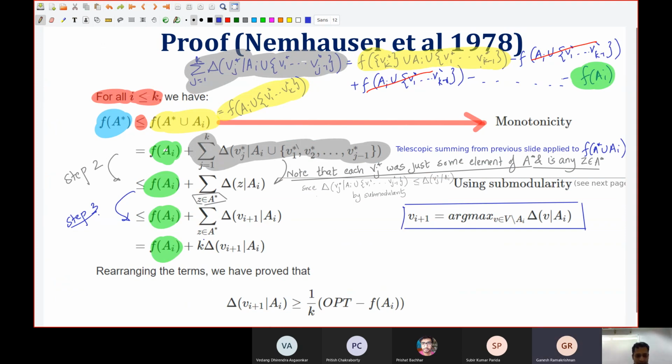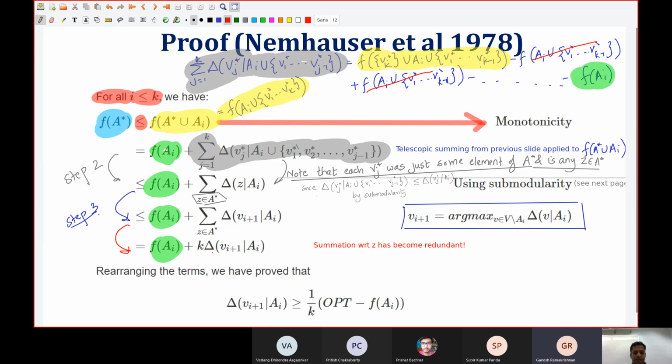Now you add this for all the Z's in A star. So delta Vi plus 1 given AI, but now the summation on Z has become redundant here. The summation with respect to Z has become redundant. So therefore, you'll have K times delta Vi plus 1 given AI.